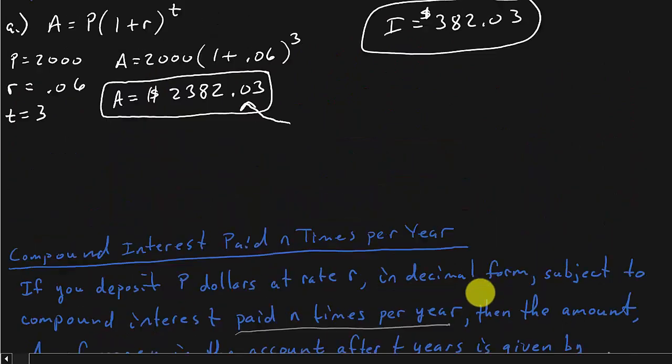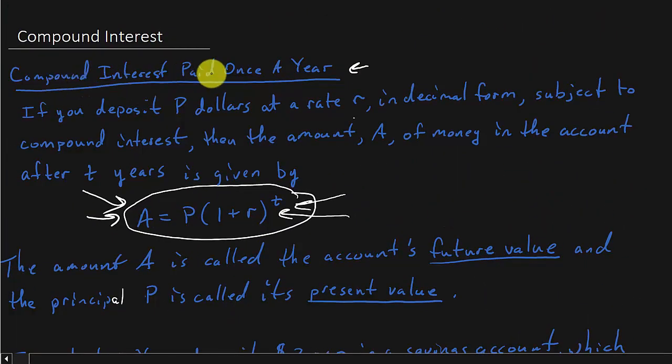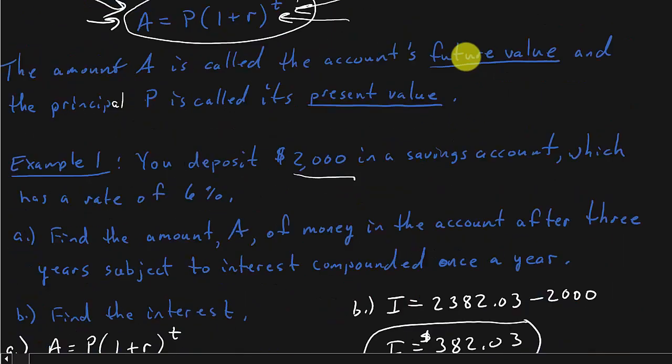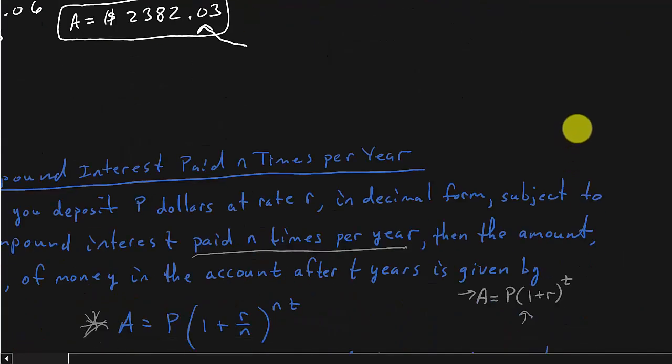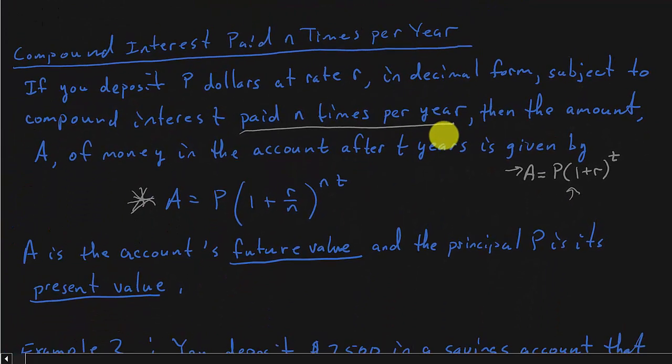All right, so remember the formula up here said compound interest paid once a year. So if we look at this formula here, paid once a year, paid N times a year, paid once a year.